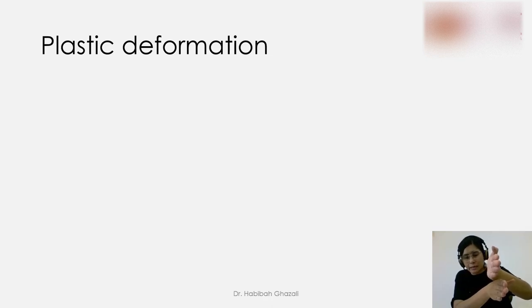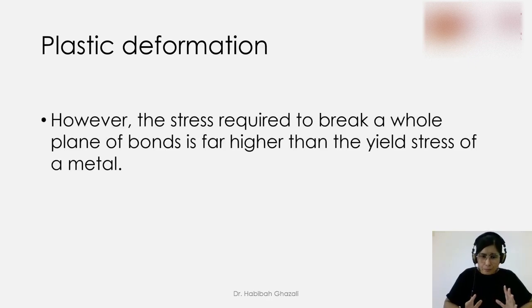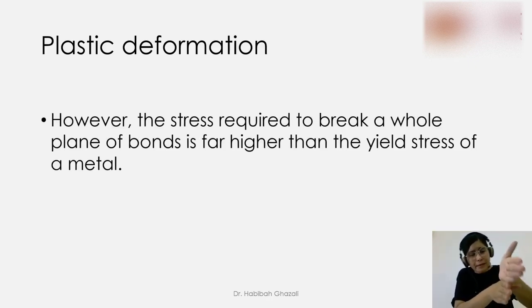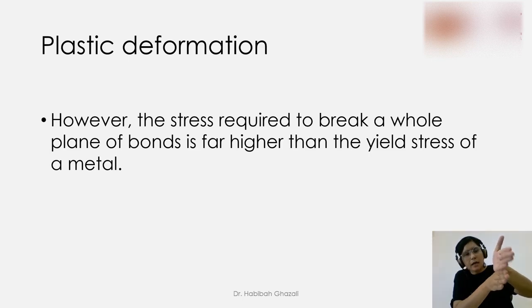But it's not that simple. For example, to actually break that bond inside this plane, it requires a lot more force, a lot more stress to break this whole plane of bonds here.